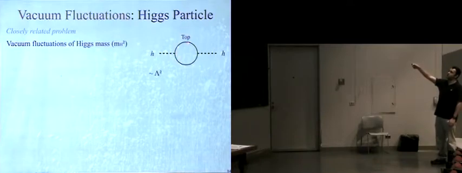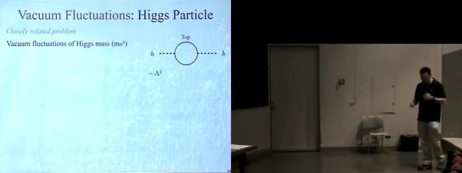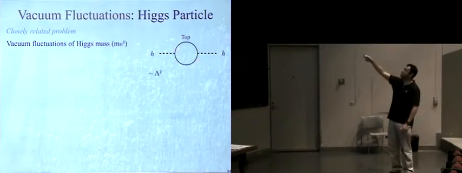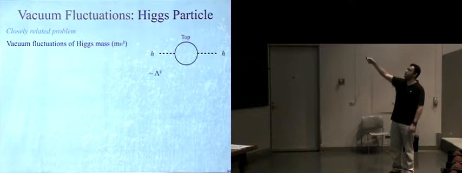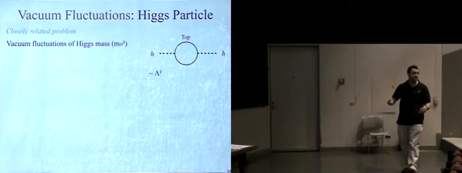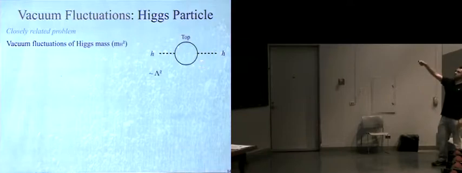You shouldn't be surprised, because the top is the heaviest particle in the theory, so this number is the biggest. This correction is biggest when the amount of energy that the top has when it fluctuates is the biggest. Or another way of saying that, this diagram goes like the cutoff squared. So naively you would get something like the Planck scale when you do this correction.